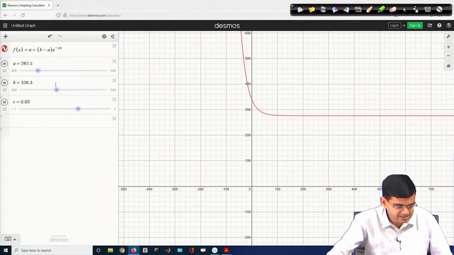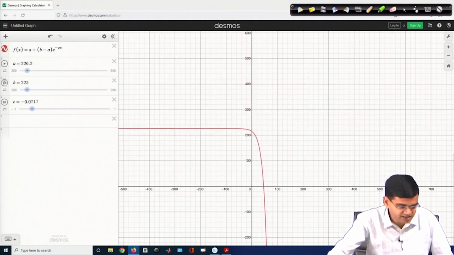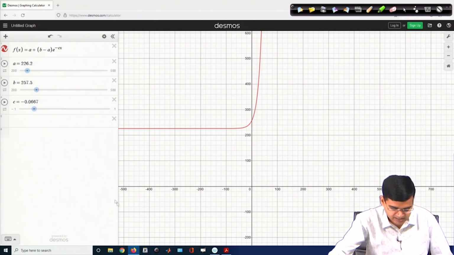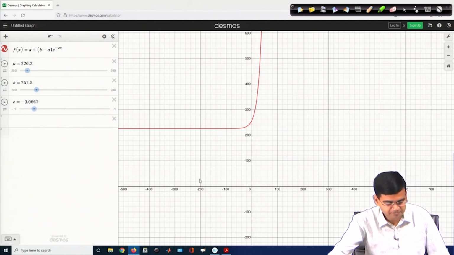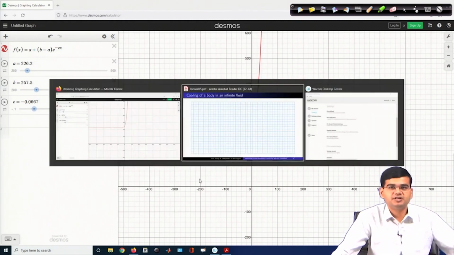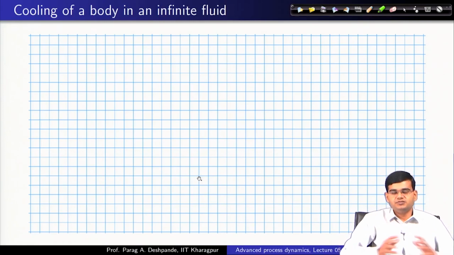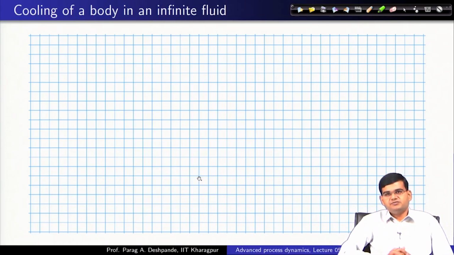So, let us see what we understood and learned in this particular course. What we studied was that we started with the definition of order of a system, the definition of linearity, the definition of autonomous systems.